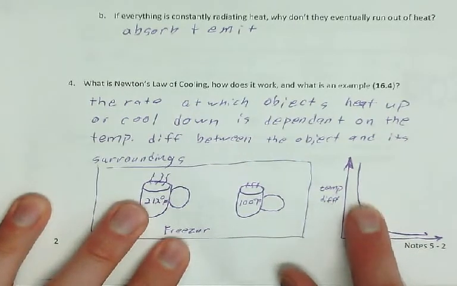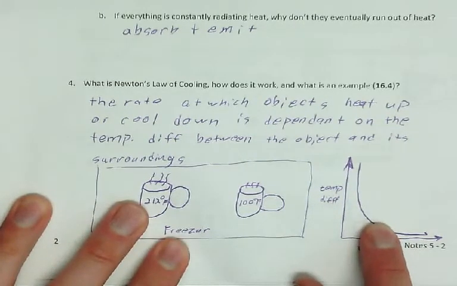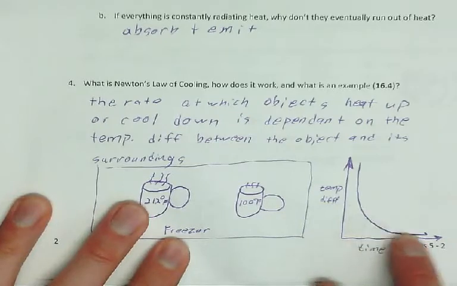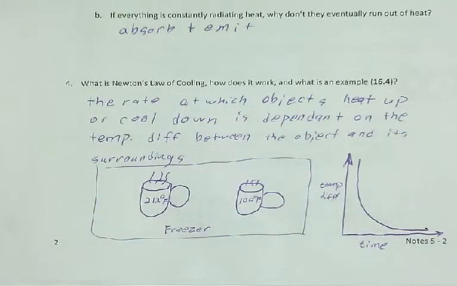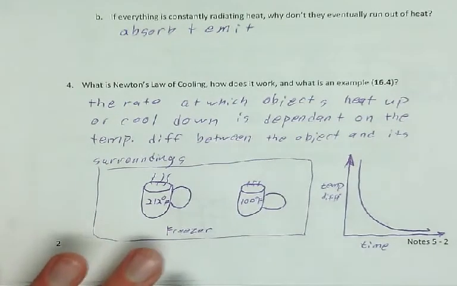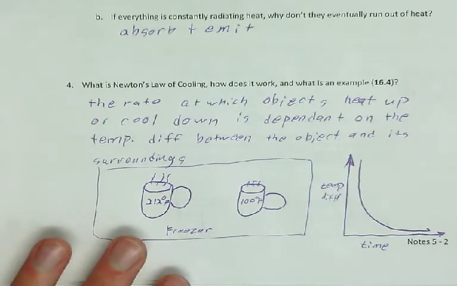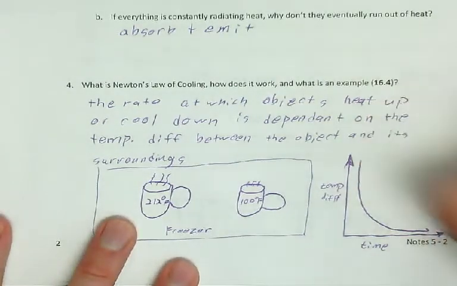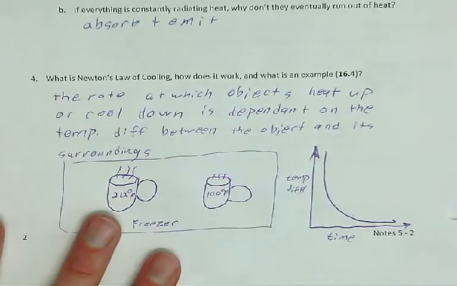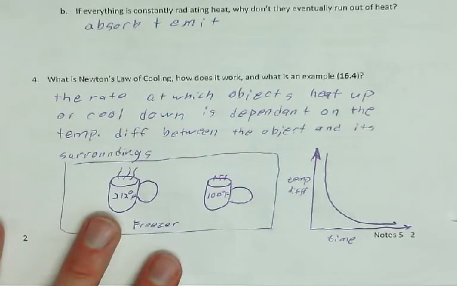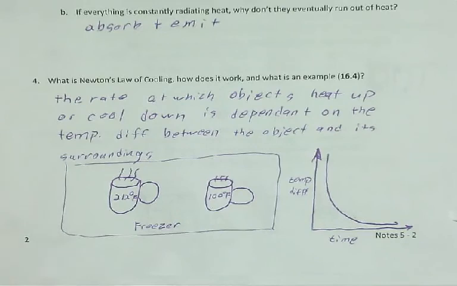But as that temperature difference shrinks, it'll take longer to cool off, right? So if I put it in the freezer, it'll cool off really quickly, but eventually it'll have what's called diminishing returns. It won't be as large of a temperature difference, and so therefore it won't cool as fast. So it's not a linear regression. It's an exponential curve. Okay? Sweet.